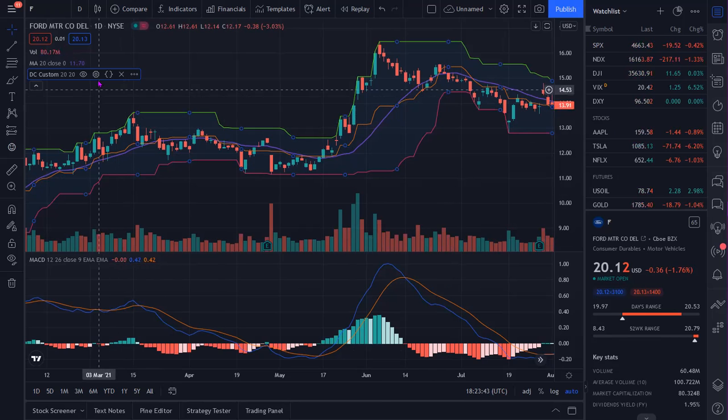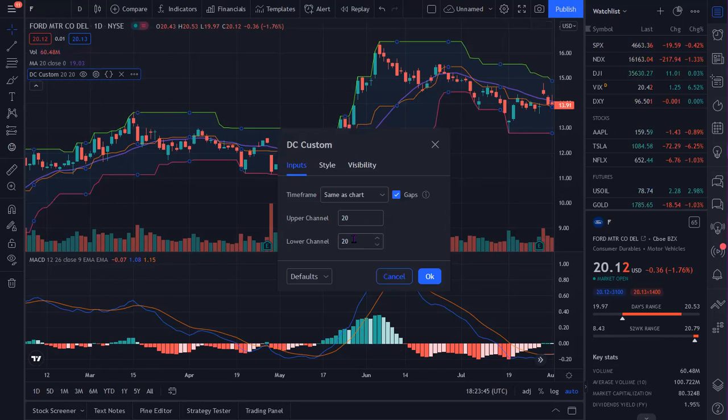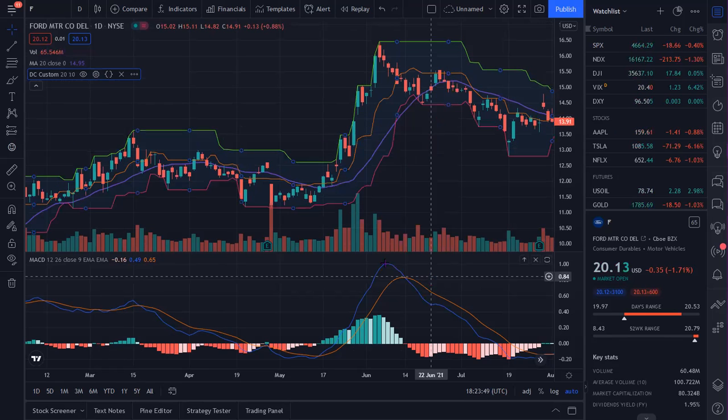Another thing we can do is change the time period. So we'll do that here. We'll make the lower channel 10 days instead of 20. Because our hypothetical position is a long one, we're going to shorten the lower band. Now you can see that the bottom band is only tracking the lowest low in 10 days.